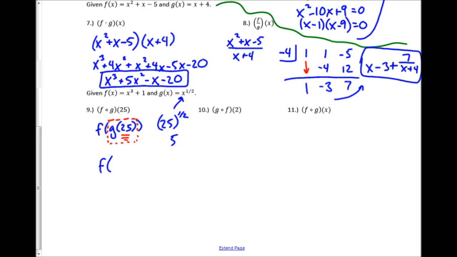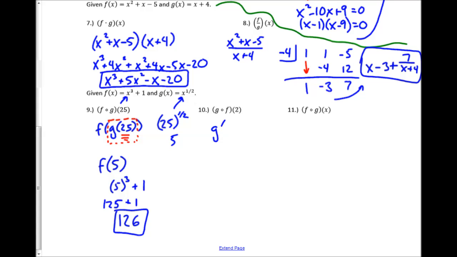So what I end up with then is f of 5. And that's just telling me to plug a 5 into my f function, which is up here. So I'm going to do 5 to the 3rd power plus 1. So that's 125 plus 1, which is 126. And that's it. So I'm just substituting one thing into the next.